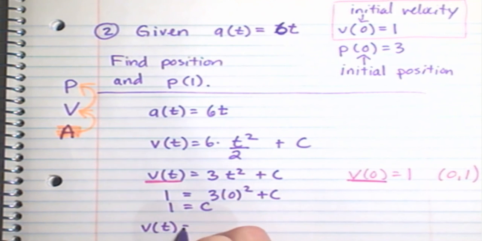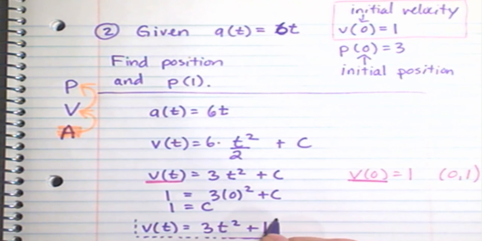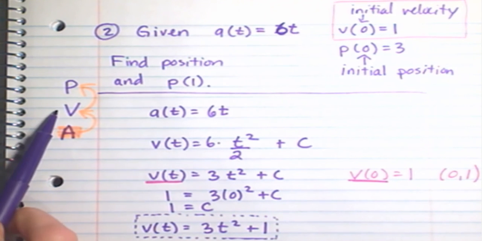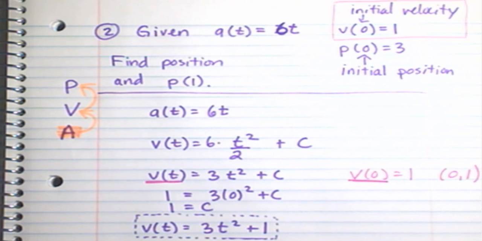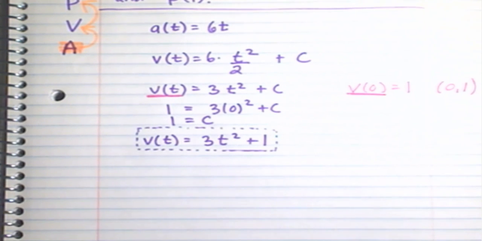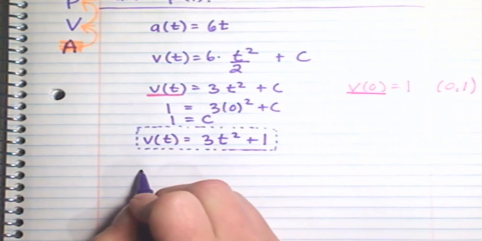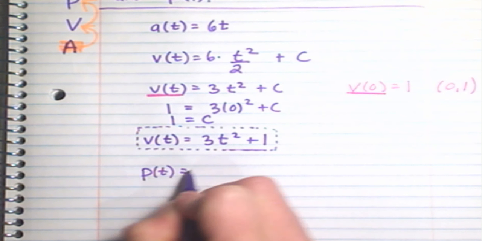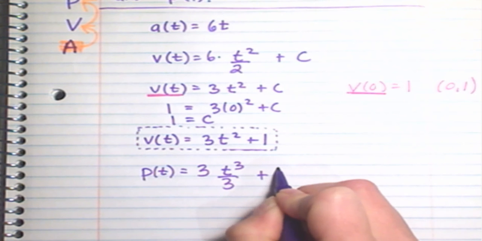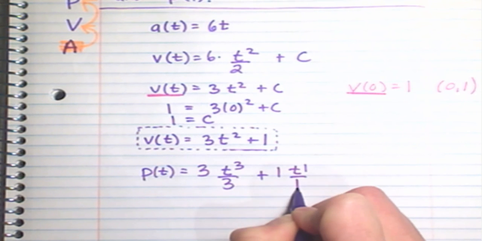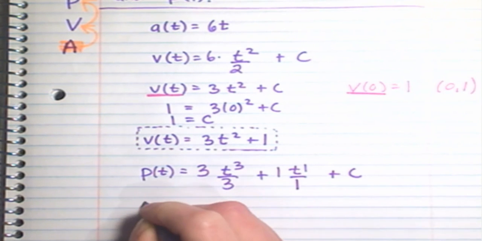Okay, so let's fully write out. I'm not going to put it in a solid box because this is only halfway there. Right here, I need to go back one more time to find position. So backwards to position using the antiderivative rules.